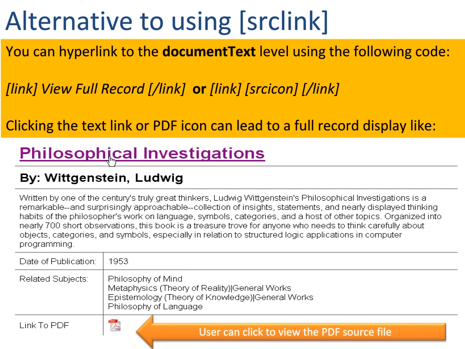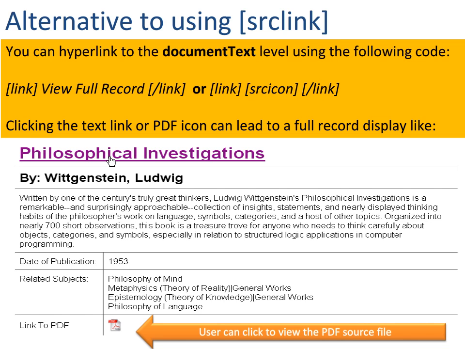While it's certainly easy and useful to display the PDF icon or a text link, and then when the person clicks on it, it goes to the actual file. The PDF is displayed. There is value sometimes to taking them to a fuller display. The trouble with indexes is you're really limited in how much information can be there. You've only got a few lines to work with in an index.